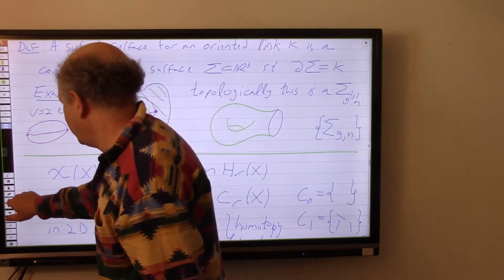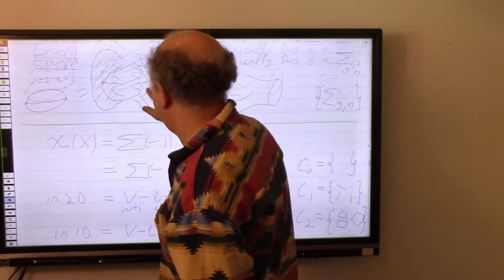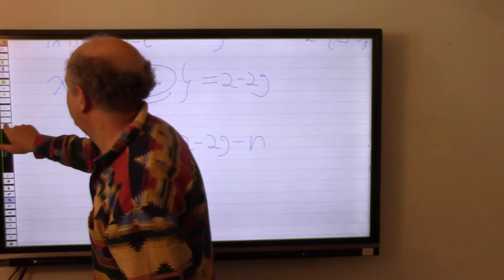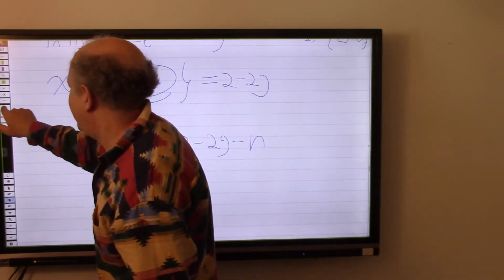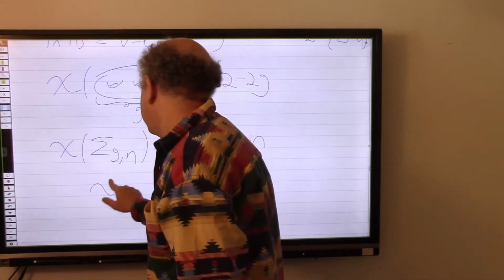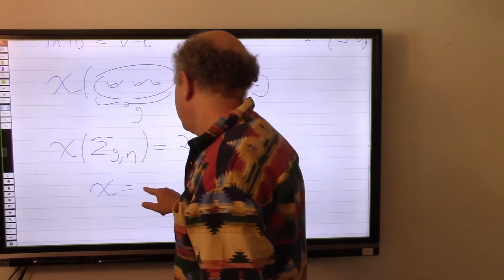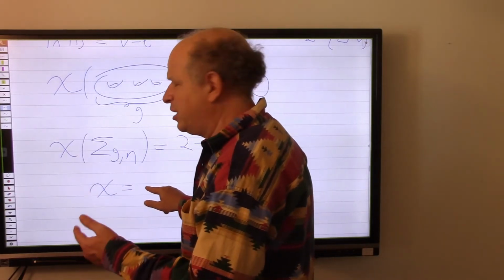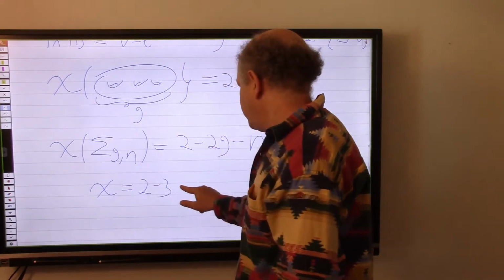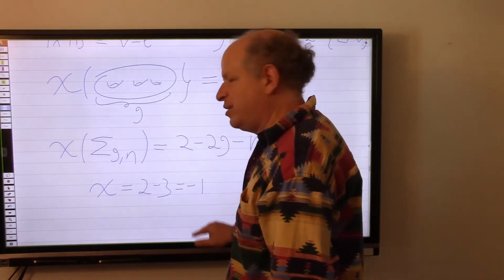And so the Euler characteristic of the thing that took us a long time to study can now be computed very quickly. It is V minus E, so 2 minus 3, which is negative 1.